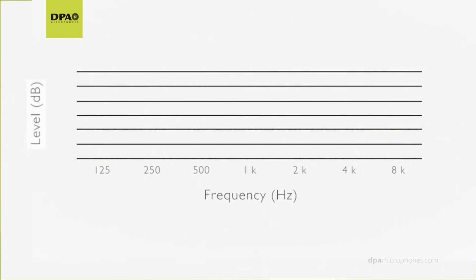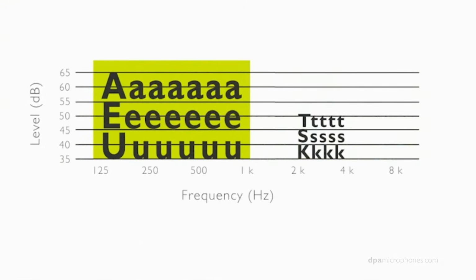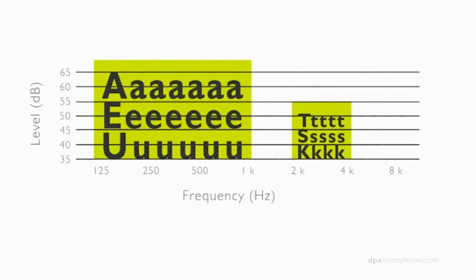Problem is that the consonants are from 500 and up. They have very little energy compared to the vowels. The vowels have the most energy, and they take up the space so much that the consonants, if they are not preserved well, will drown in that consonant vowel battle.